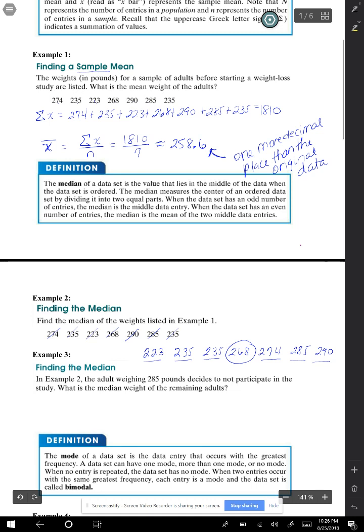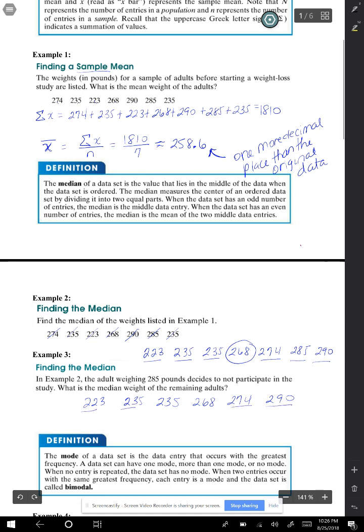On example 3, we're going to use the same entries, but it says that the adult weighing 285 pounds decided not to participate in the study. So what we're going to do is rewrite these, but we're going to take out the 285. And what that makes happen is it makes us have an even number of entries.